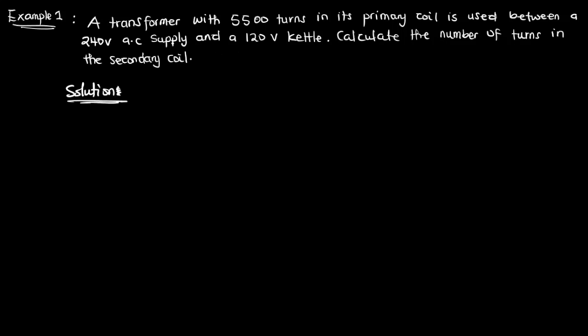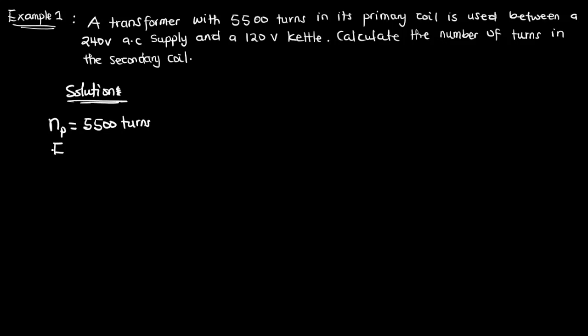So they say a transformer with 5,500 turns in its primary coil, so it means the number of turns NP in the primary coil is 5,500 turns. It says it's used between a 240 volt AC supply, so the supply, which is the input voltage, right?